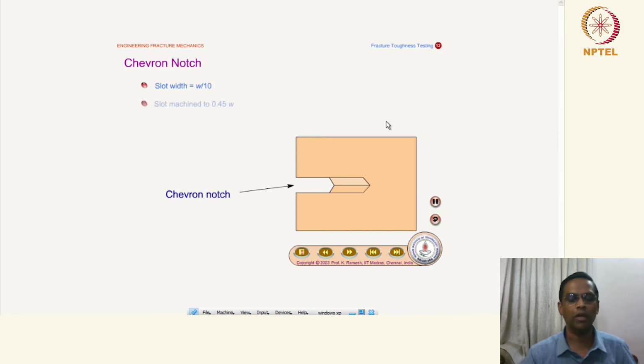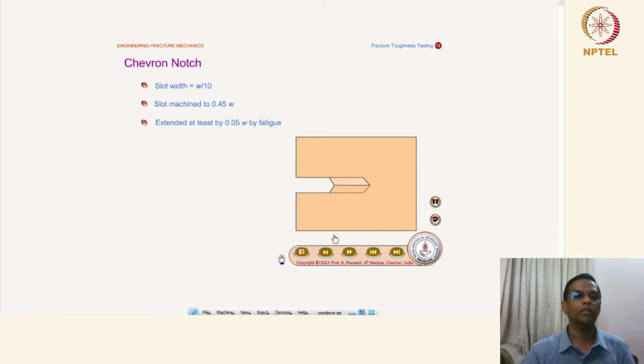Okay, now I was just mentioning this notch. Now we will look at the importance of this chevron notch. For the chevron notch, the side view is like this, and the slot width is W by 10, and the slot is machined to 0.45 W and extended at least by 0.5 W by 50.